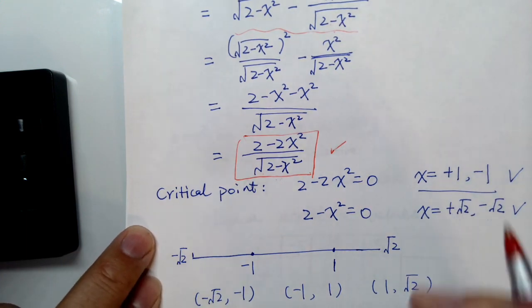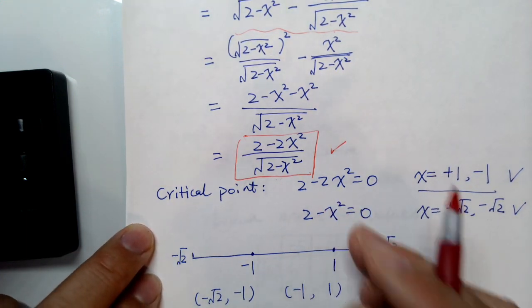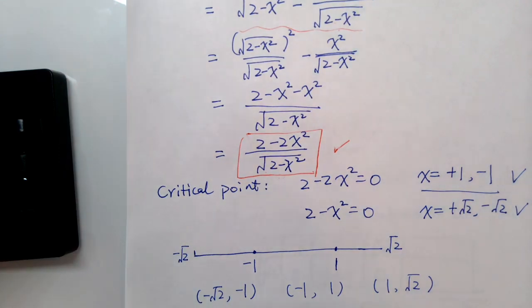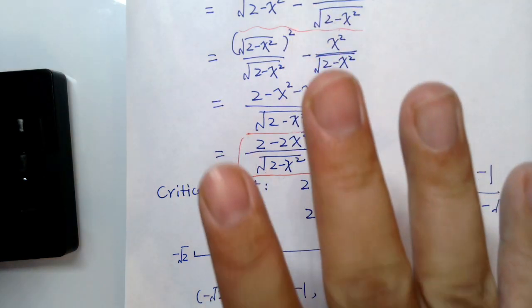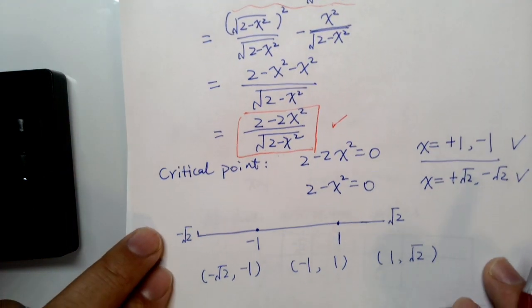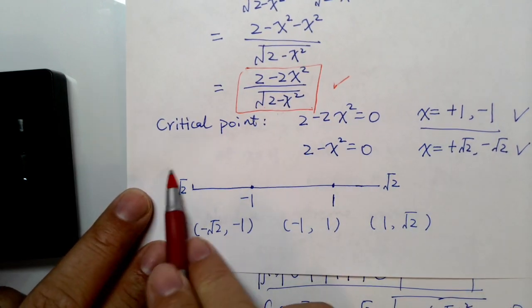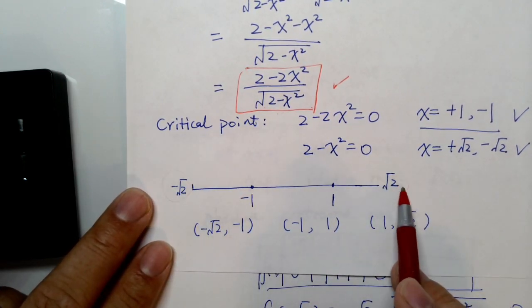So you see in this example, it does include both types of the critical points we learned. Either make my derivative equal 0 or make my derivative not exist. So you have actually 4 critical points in this example. And then you label that. Remember, those are our playground, the domain.